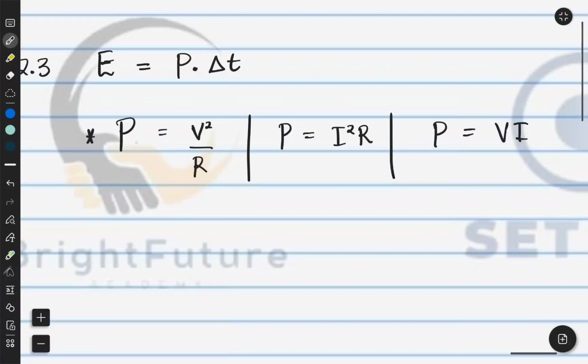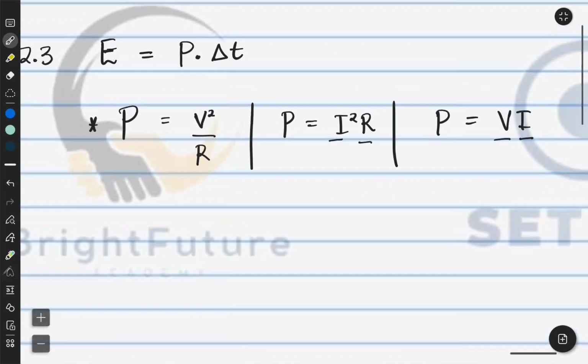In this case, we can use whichever one, because you have voltage, current, and resistance, you have all of them for the 2 ohm resistor at least. So I'll choose the last one.